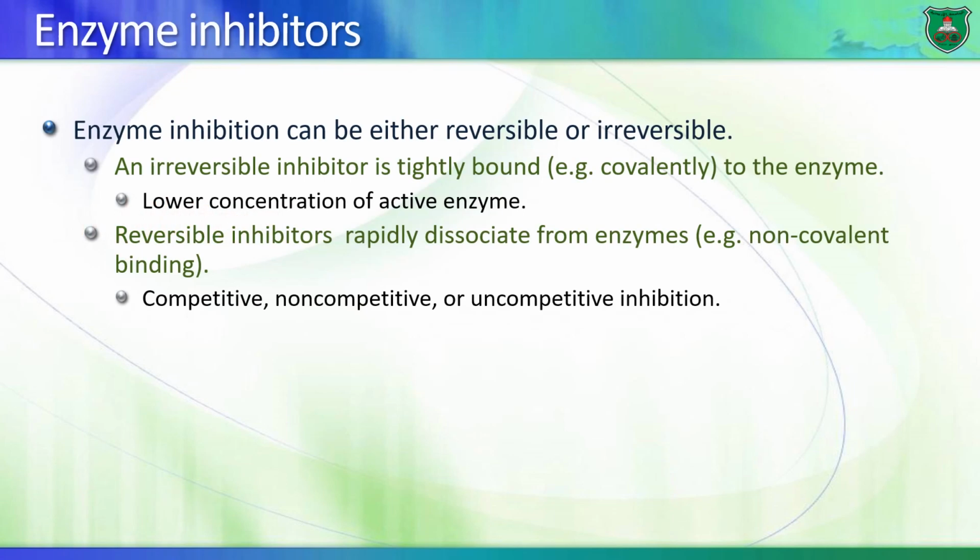Inhibitors can be reversible or irreversible. In other words, reversible inhibitors are inhibitors that can bind to the enzyme, inhibit its activity, but they can be released from that enzyme. Irreversible inhibitors are those that bind covalently, very tightly to enzymes, stopping their action.